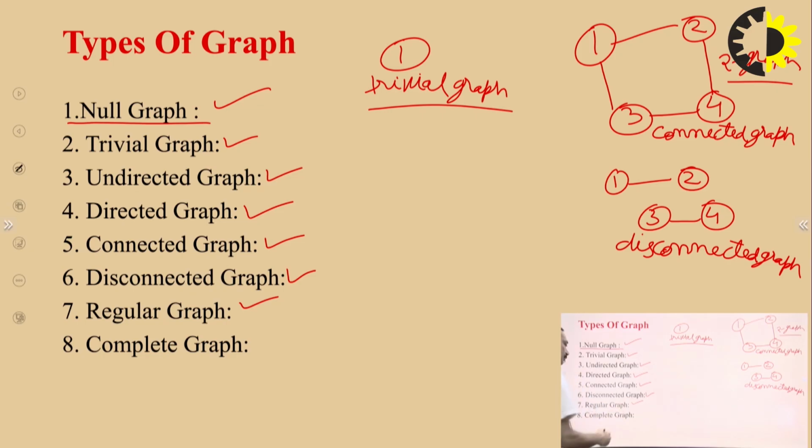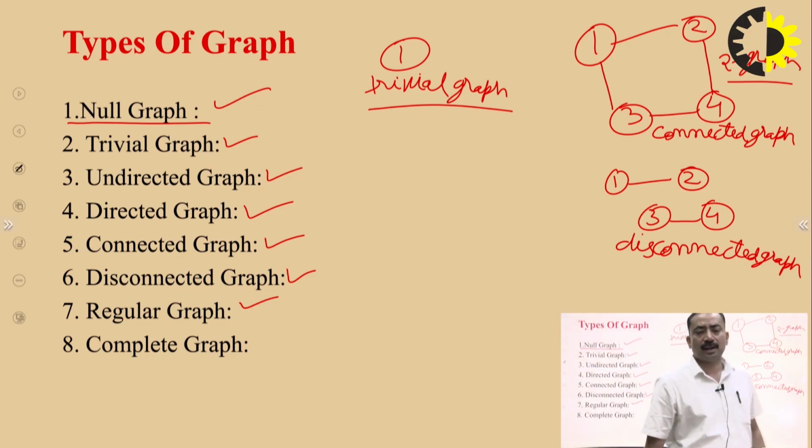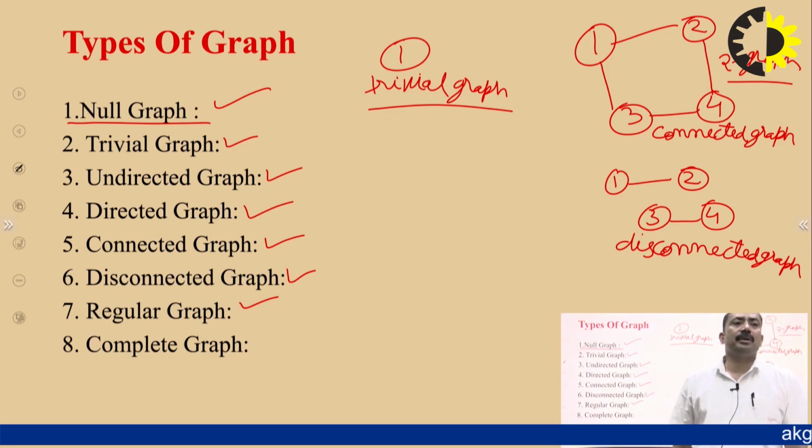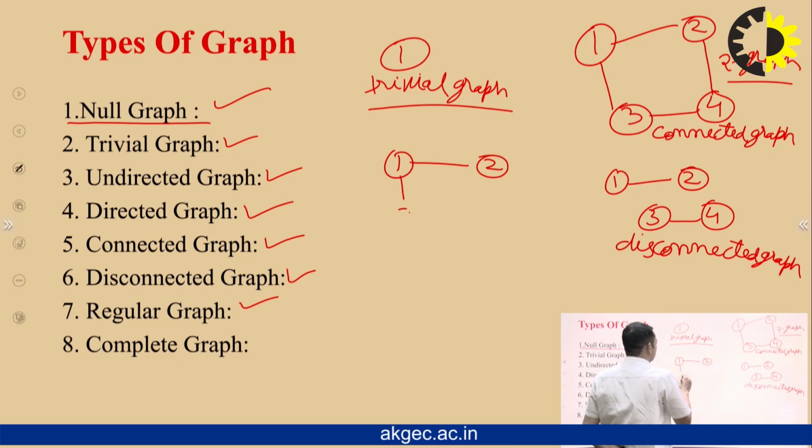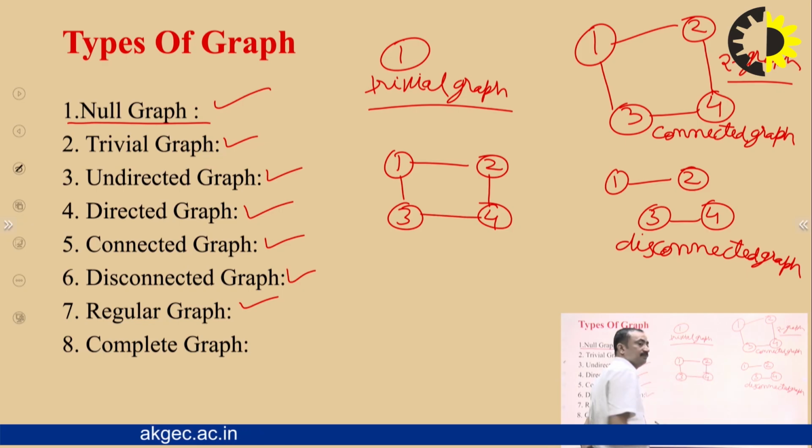So regular graph. Then we have a complete graph, the graph in which from each node there is an edge to each other node. From the same example, we have these 4 vertices connected in the same previous example.